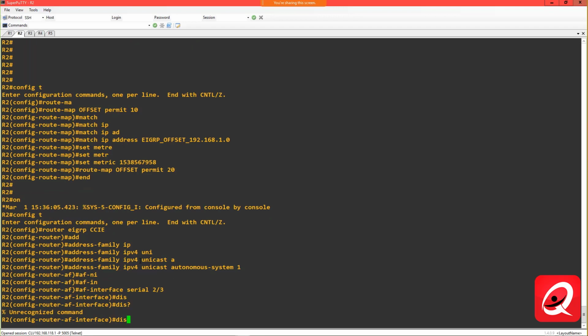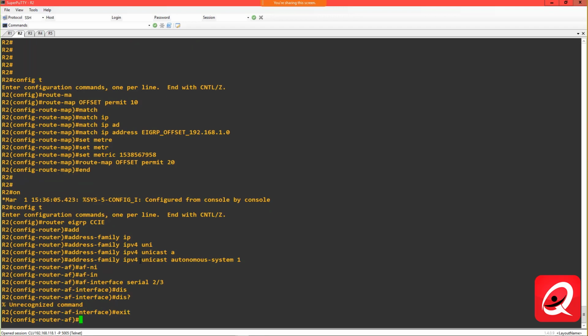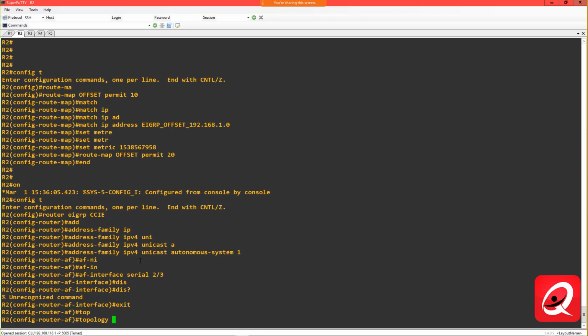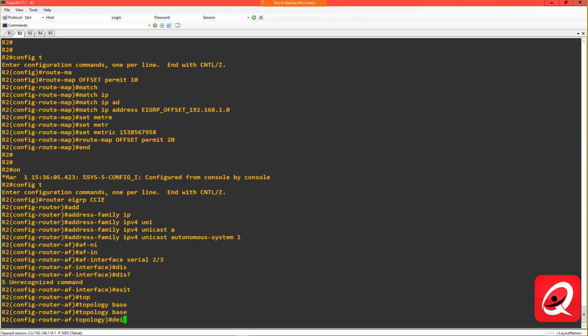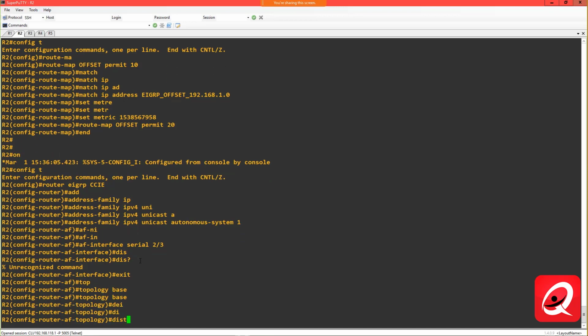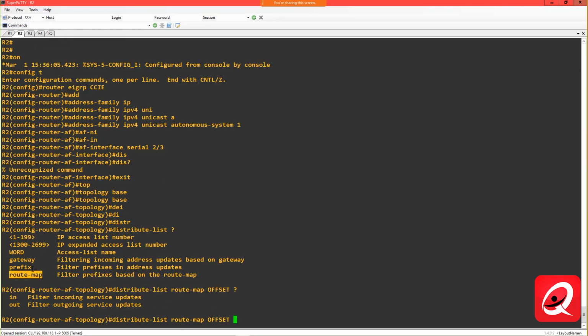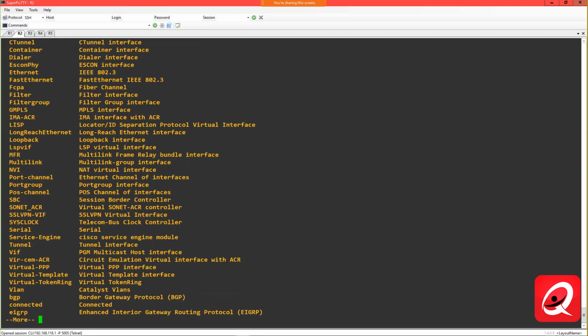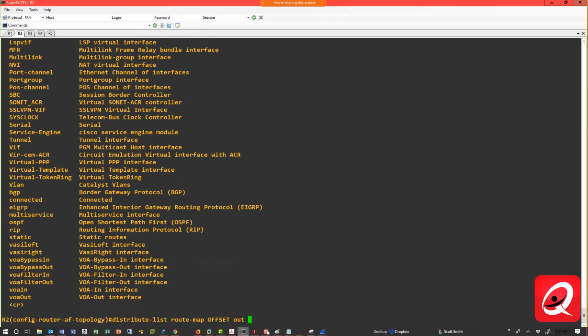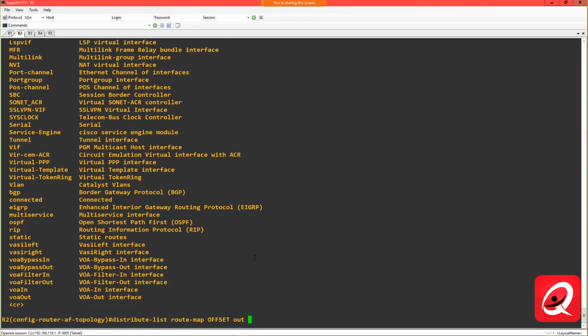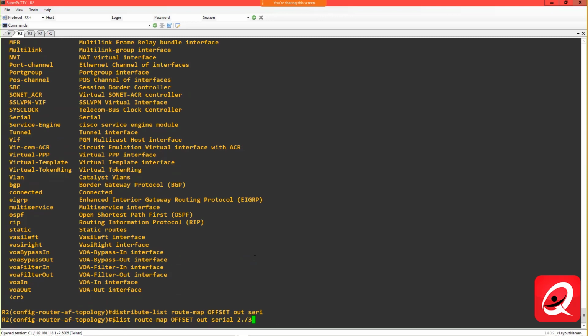And yeah, it's not there, so it must be under topology base. Topology base, distribute-list. There we go. So we're going to reference our route map, and the route map is going to be offset. We're going to specify that outbound, and we're going to apply that to serial 2/3.